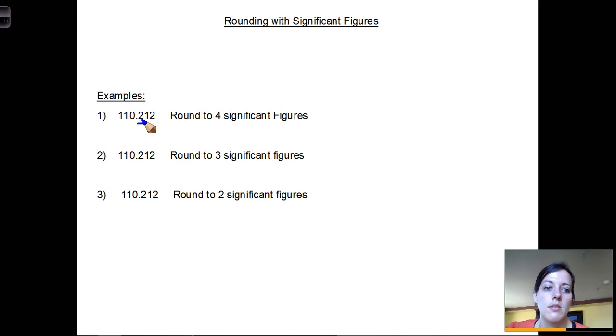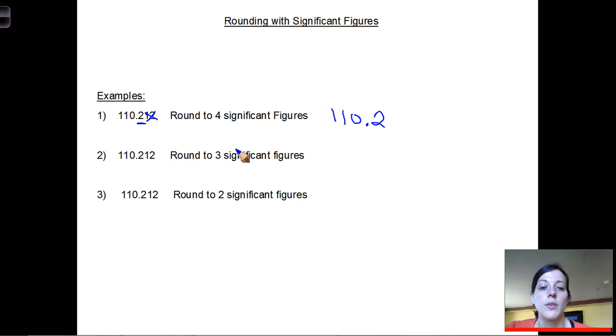We want that place to stay. Whether we round up or round down depends on this digit. So this is a 1, so following the rules of rounding, 5 and lower will round down. So the number becomes 110.2.